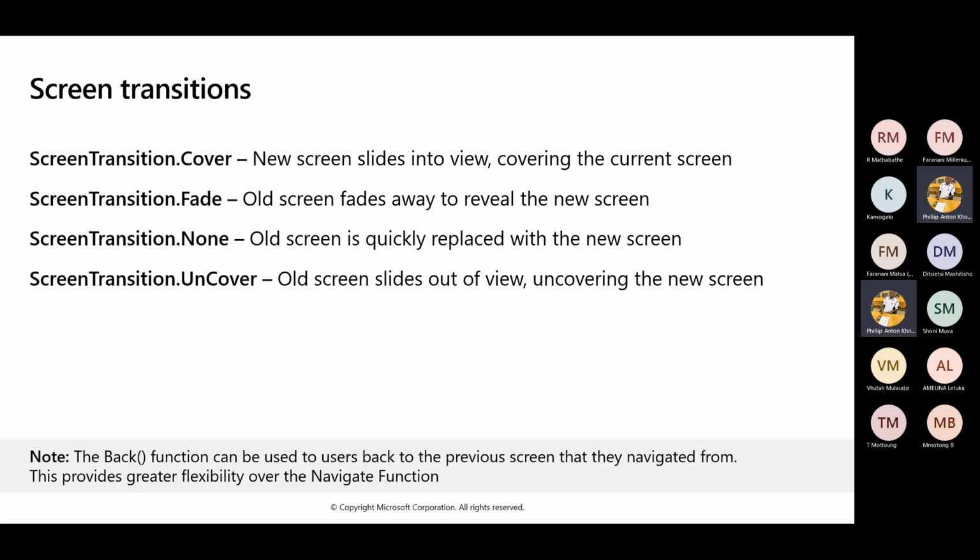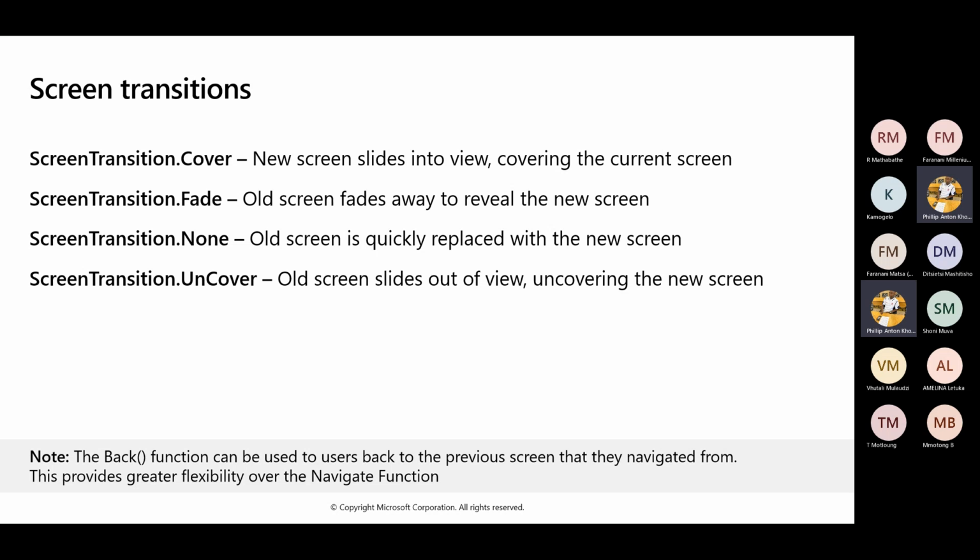Let's say you have a back button, right? You clicked an information and then it covered. So for your back button, you would want to use uncover, which gives you an animation of a sliding screen. So it slides in and then it slides out.